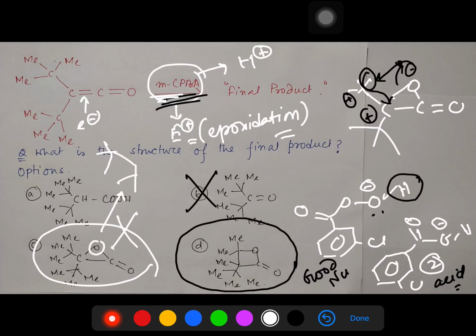This, and we know the carboxylic acid will attach to the proton, and here the carbocation, and water means HOH. So at this position there will be OH attached, because OH will attach. So this is also not possible. So ultimately this is left.